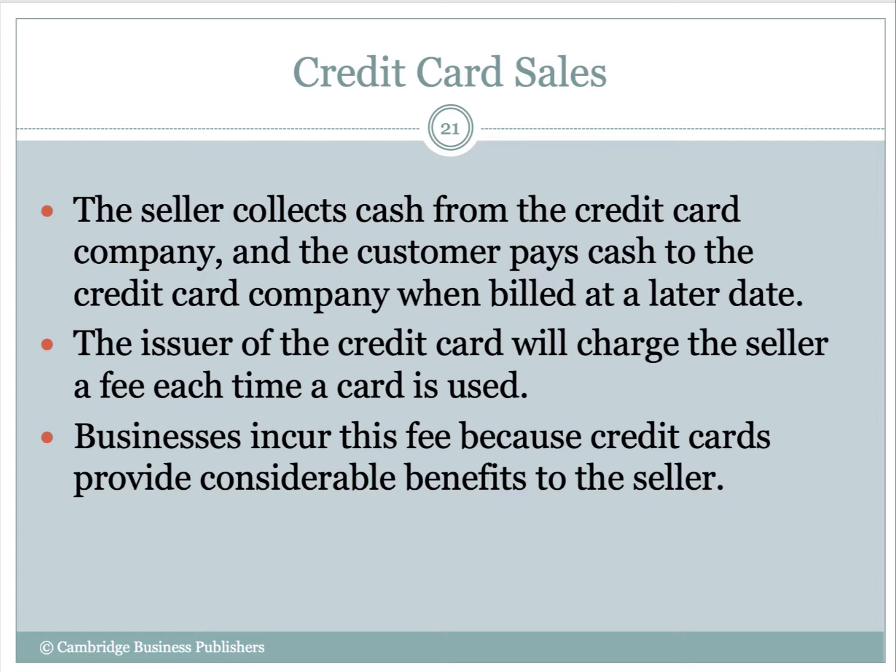Well, 2 ways, right? Number one, they charge us as the customer interest, but the credit card company, Visa, MasterCard, whatever, also actually charges Macy's a fee each time a credit card's used.